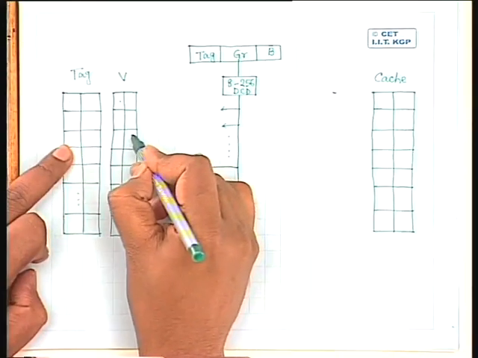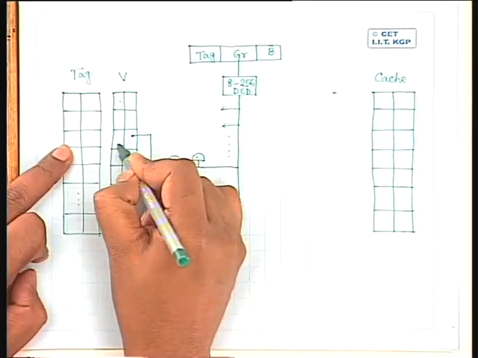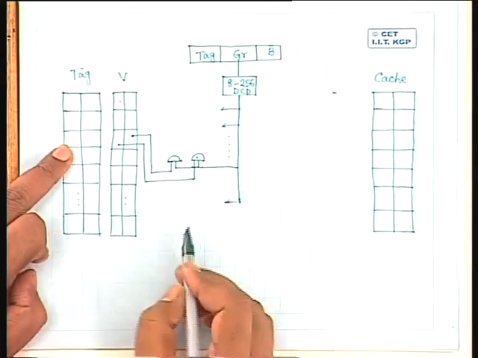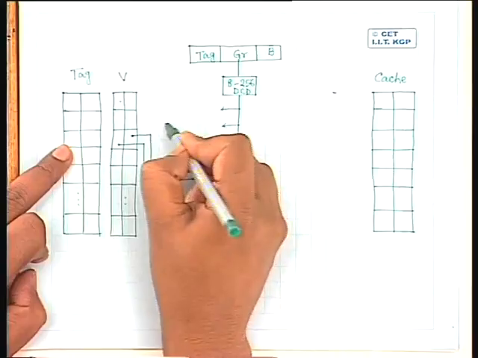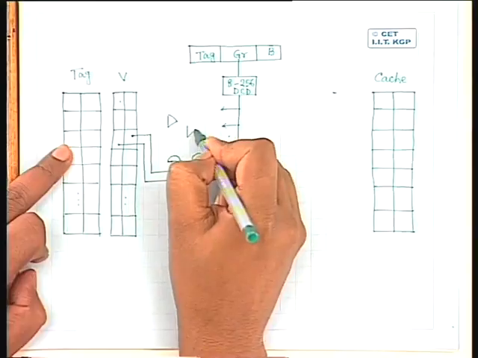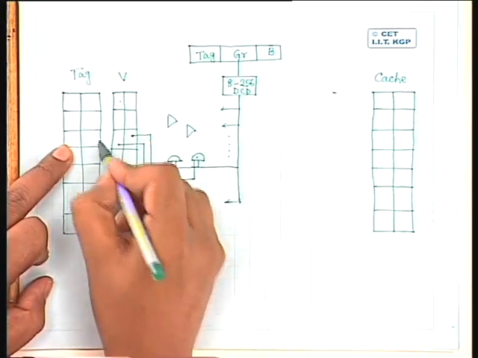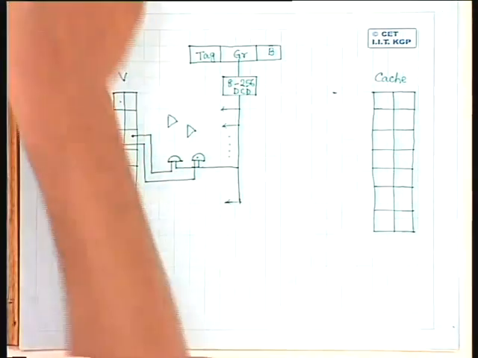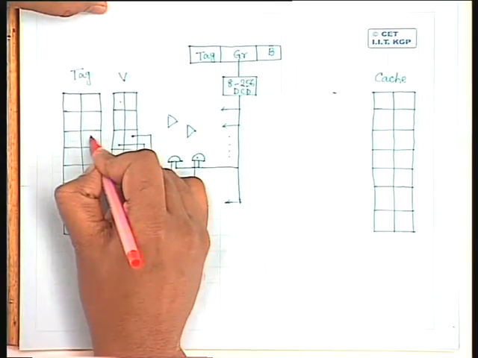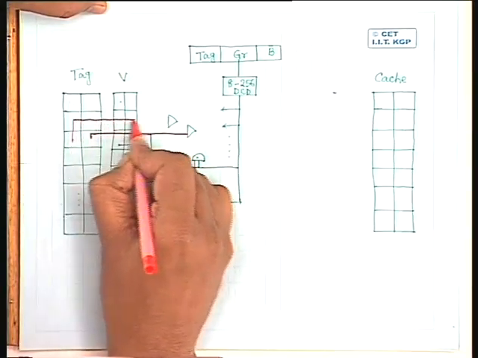So the corresponding valid, invalid bits will come here. So here also I'll have two different buffers. One of the buffer inputs will come from, say, this tag memory location, and this one, let us say, comes from this tag memory location.